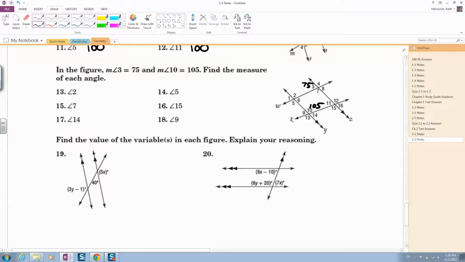So here they're supplementary because they're same side interior, so it'd be 105. 5 and 2 are vertical. 7 and 2 are congruent because they're alternate interior. 15 is congruent to 10 because they're alternate interior. And 14 is supplementary to 10, so it's 75. And 9 is congruent to 14 because they're vertical.